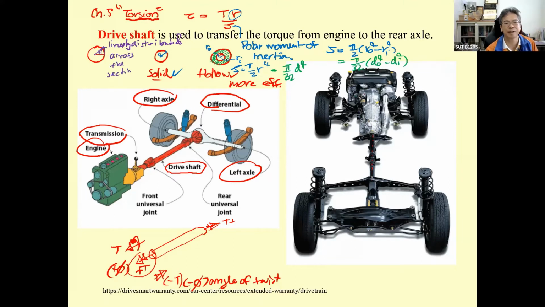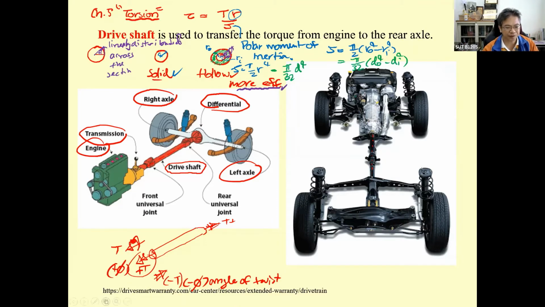And if it is a hollow section, it is also linear, but most of the stress is distributed only on the material, on the outer layer of the material. So that's why this hollow section is more efficient than the solid section.